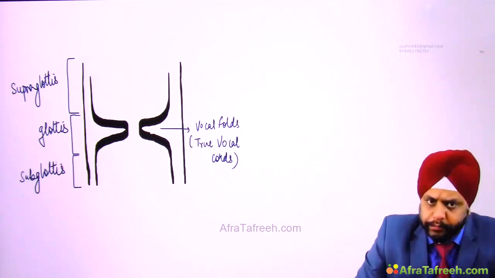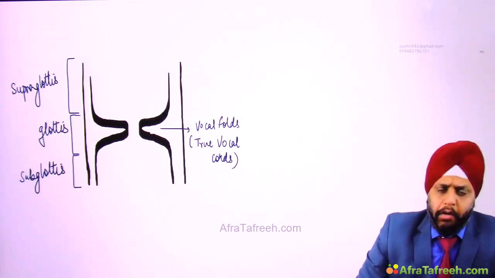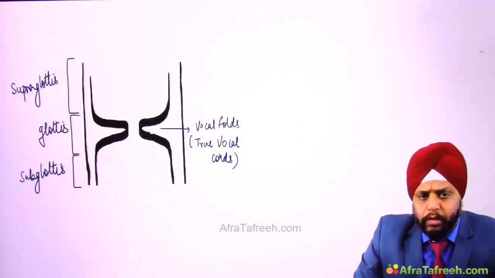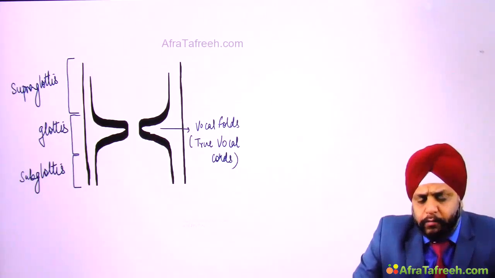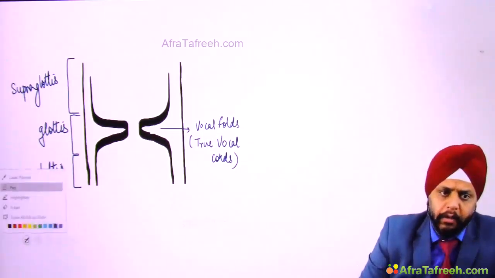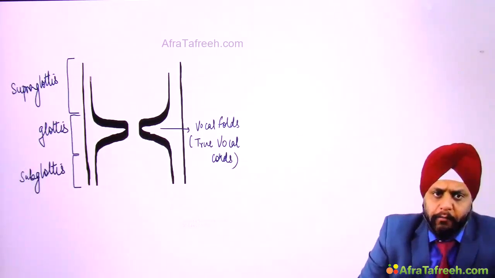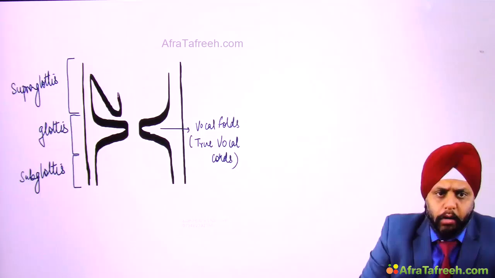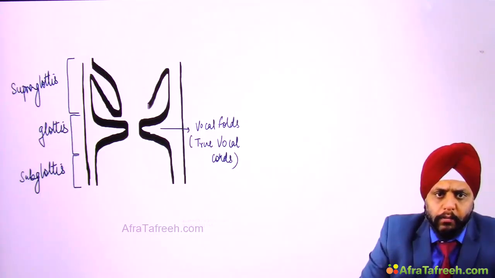We know this. Now, I called them true vocal cords, so if there is true, there must be something which is false. Yes, we have a structure known as false vocal cords in the supraglottis.